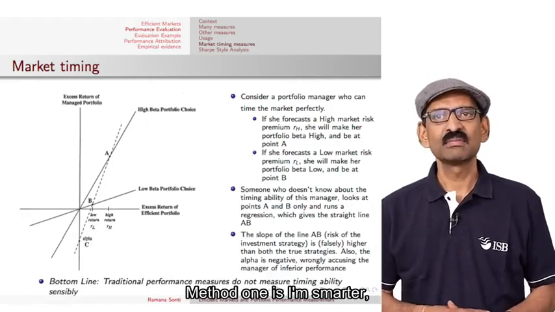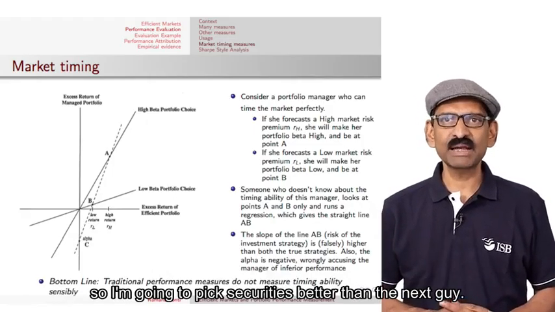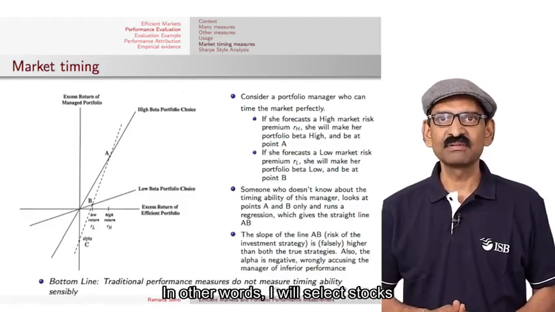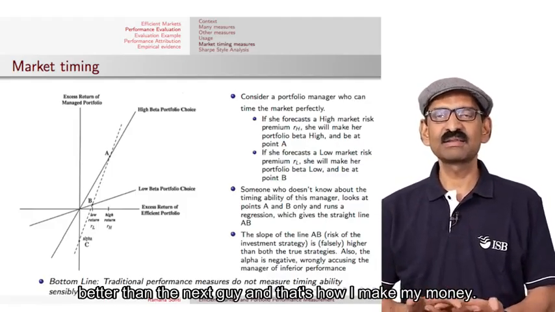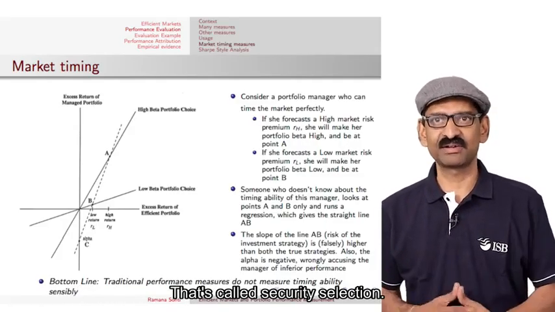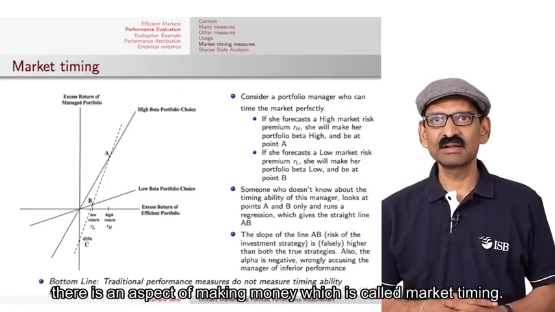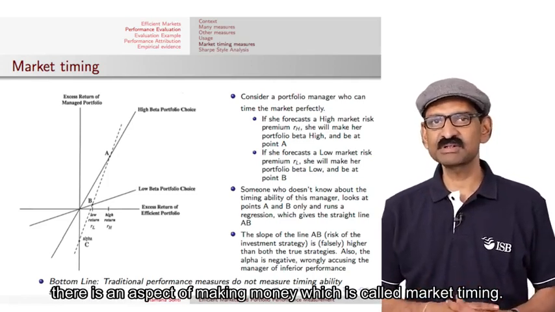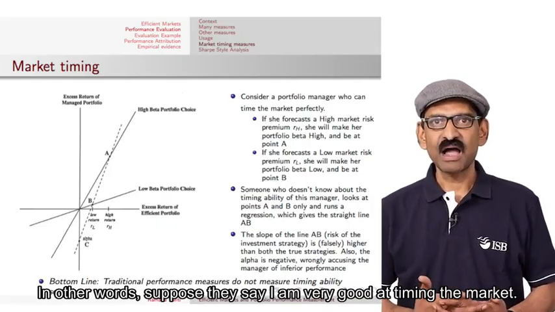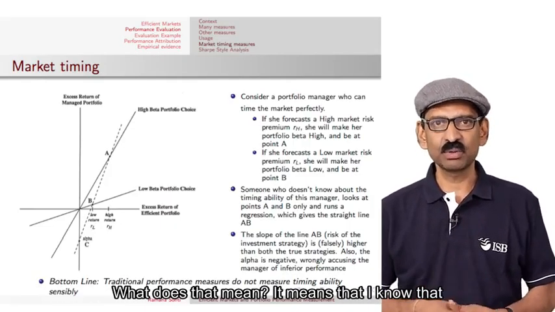Method 1 is, I'm smarter, so I'm going to pick securities better than the next guy. In other words, I will select stocks better than the next guy, and that's how I make my money. That's called security selection. On the other hand, there is an aspect of making money which is called market timing. In other words, suppose I say I am very good at timing the market. What does that mean?